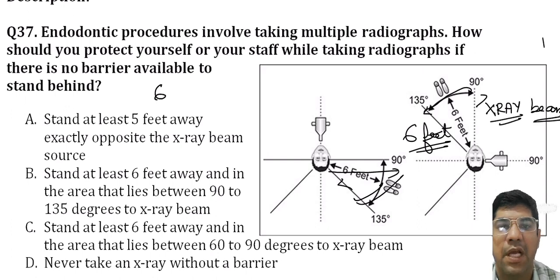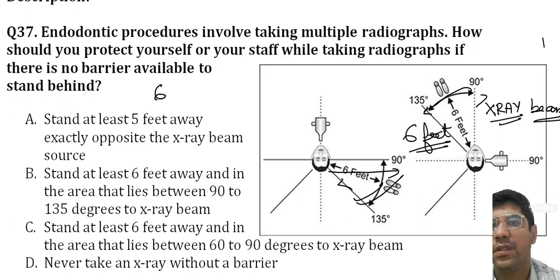This position helps to reduce the radiation exposure to yourself or your staff during the radiographic procedure. Apart from that, you can use the faster films like E films or F films for reduced radiation exposure.